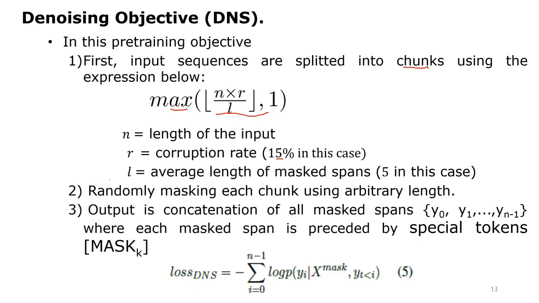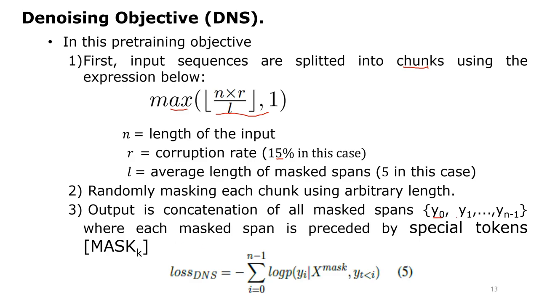The next process in this objective is randomly masking each of the chunks. We split these tokens into a number of chunks, then we mask randomly. The output will be the masked spans, represented as y0 through y_{n-1}.